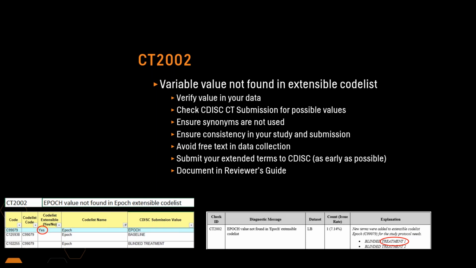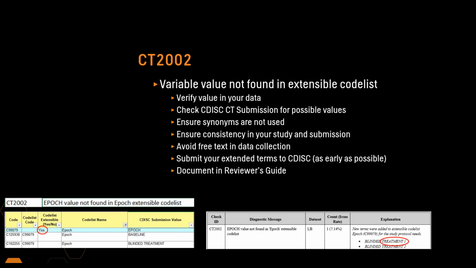Again, try to avoid free text in your data collection. Also, if you have a term that you would like to request to be added, you can submit an add term request to the CDISC CT team. They suggest doing it as early as possible so you can try to have that term added for your study. And then lastly, if you do have to extend that code list, you will have to provide a clear and rational explanation in your reviewer's guide.